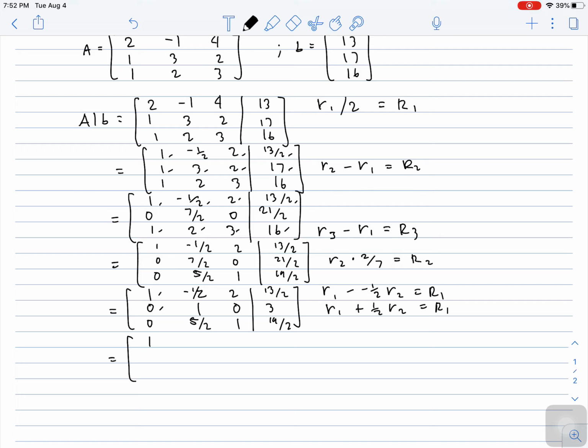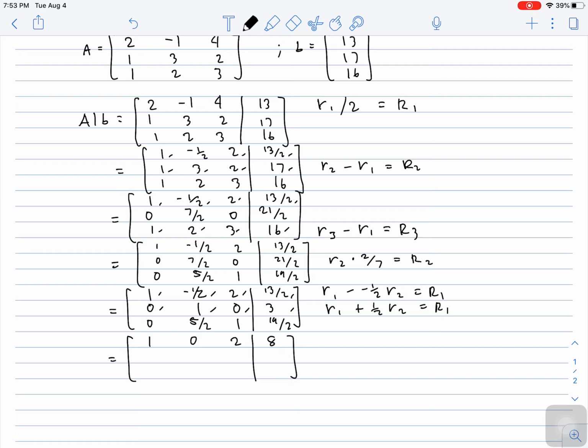Next is negative 1 half plus 1 half multiplied by 1, which is now 0. 2 plus 1 half multiplied by 0 is 2. Then 1/3 over 2 multiplied by 1 half plus 1 half multiplied by 3 is just 8.